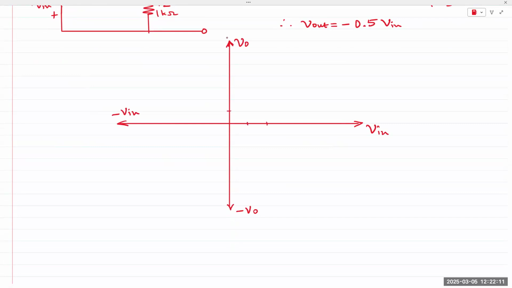If V in is 2 volts, output is 2 volts. If V in is 3, output is 3. V in is 4, 5, output is 4, 5, and so on. In the positive half cycle, V out is equal to V in.